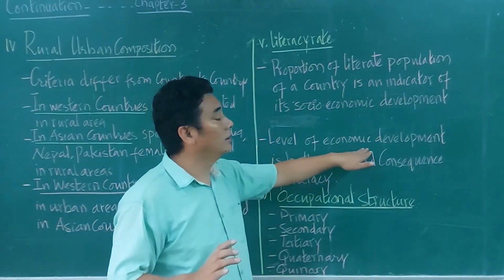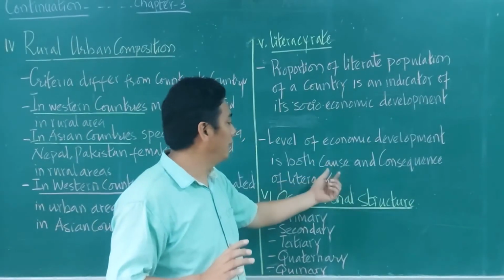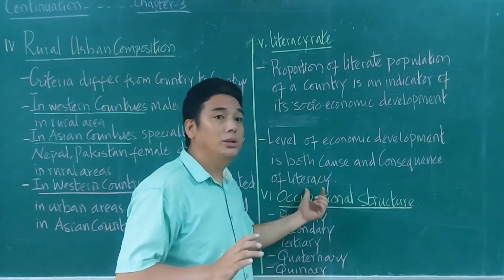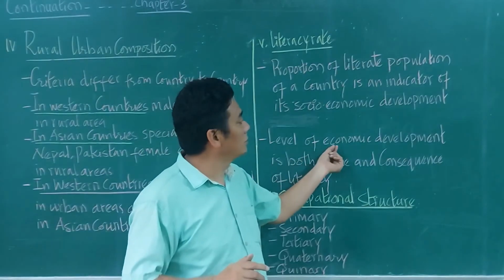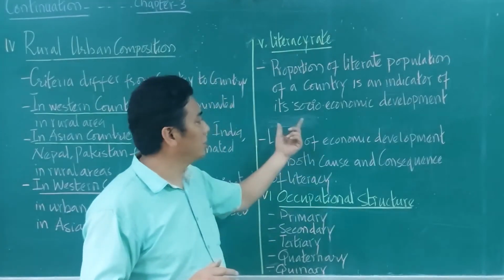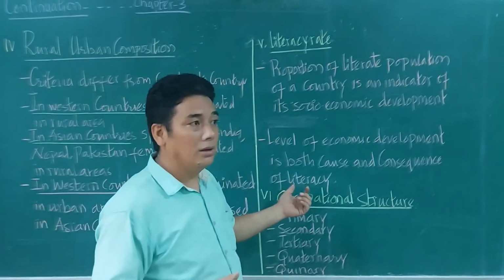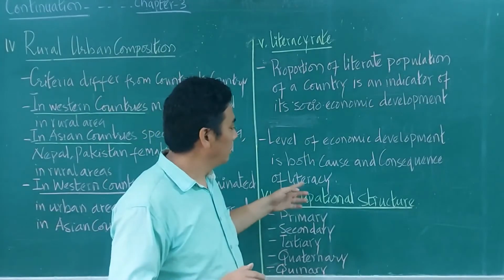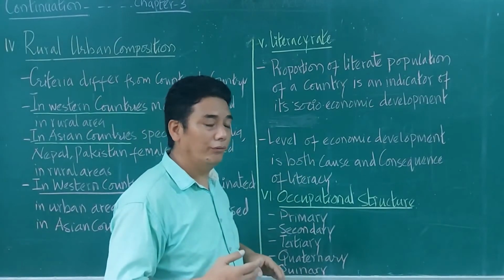And if the economic development is low, then there will be a low literacy rate in the country. So socio-economic development becomes both a cause and a consequence. That's very important. Literacy plays an important role for the country.